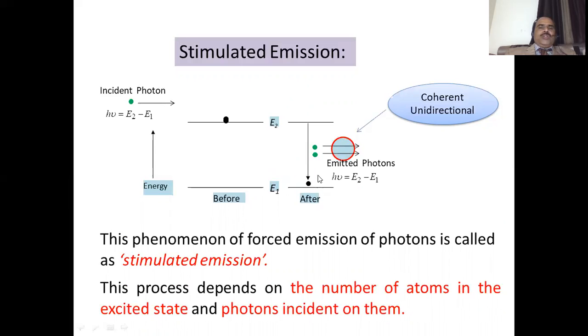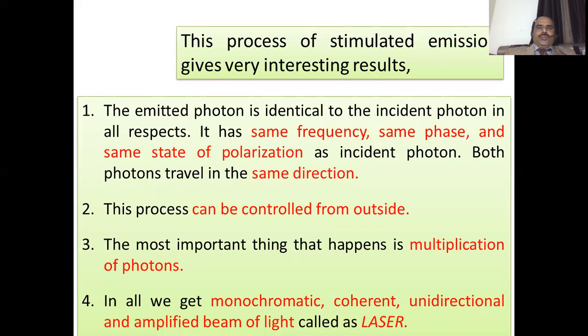While coming to the ground state, the original photon and the photon due to this de-excitation give you two photons which are coherent and unidirectional. These two photons are the same in frequency, phase, and state of polarization as the incident photon, and both photons travel in the same direction.